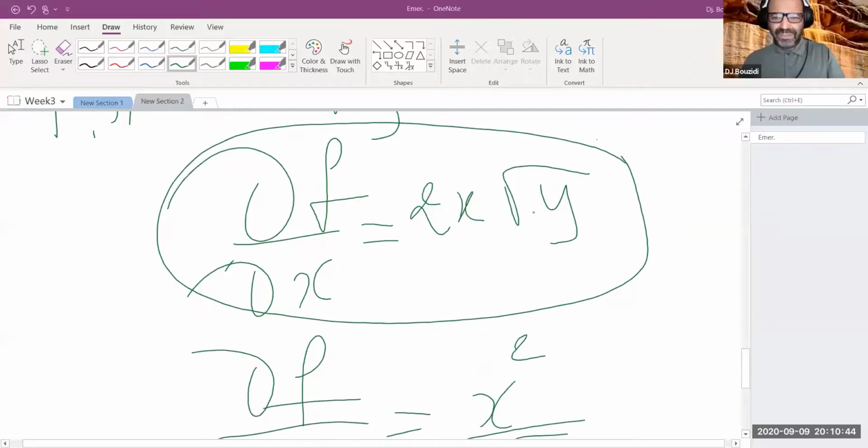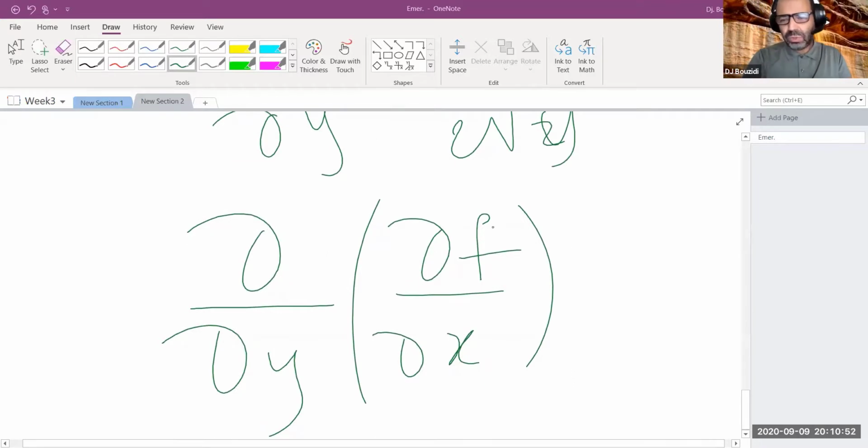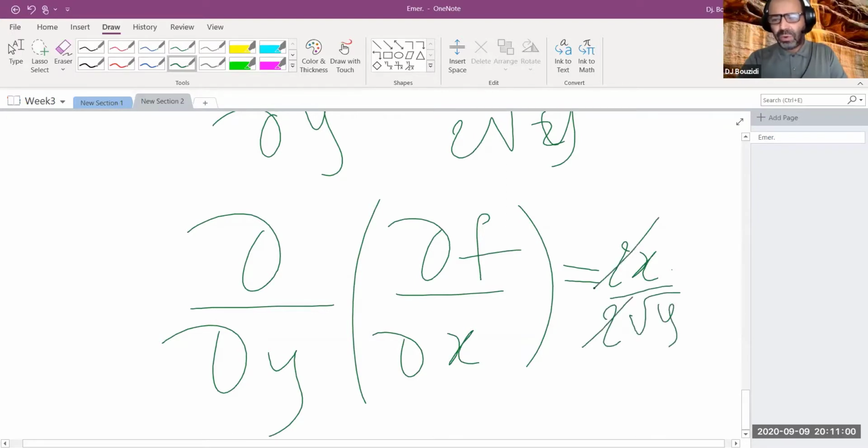Now we have this function that we want to take its derivative not with respect to x, but with respect to y. So 2x stays 2x times the square root of y. The derivative of square root of y is going to bring a 2 square root of y, and the answer, of course, is x over square root of y.